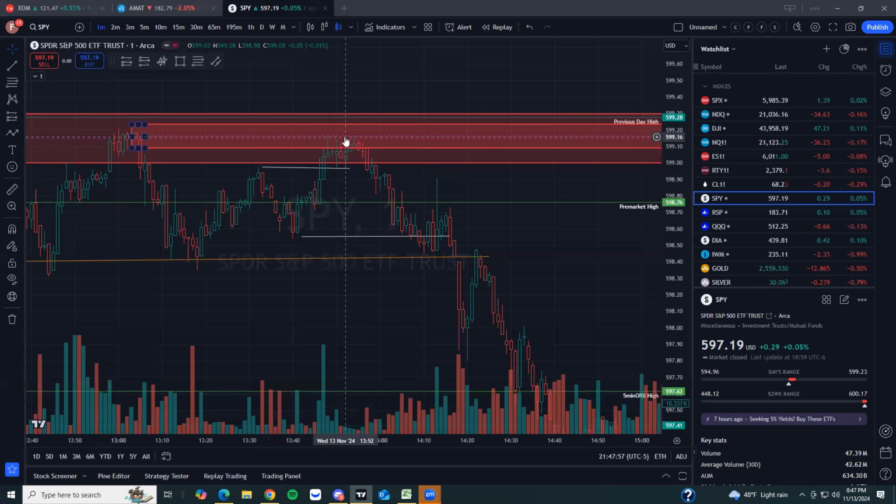The break of structure. From here to here, that move, this pivot point caused that break of structure, not this one really. So for me, this becomes a major pivot point, not here. You do the same thing on the way down.